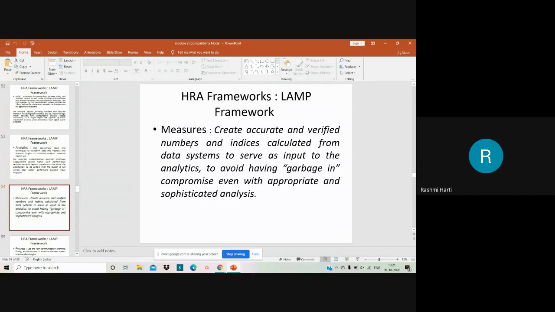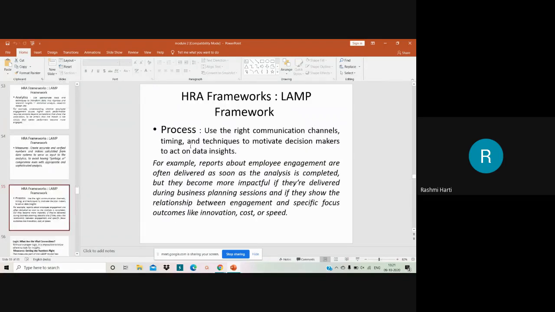Now the next element is process, which is nothing but using the right communication channel, timing and technique to motivate decision makers to act on data insights. For example, reports about employee engagement are often delivered as soon as analysis is completed, but they become more impactful if they are delivered during business planning sessions.